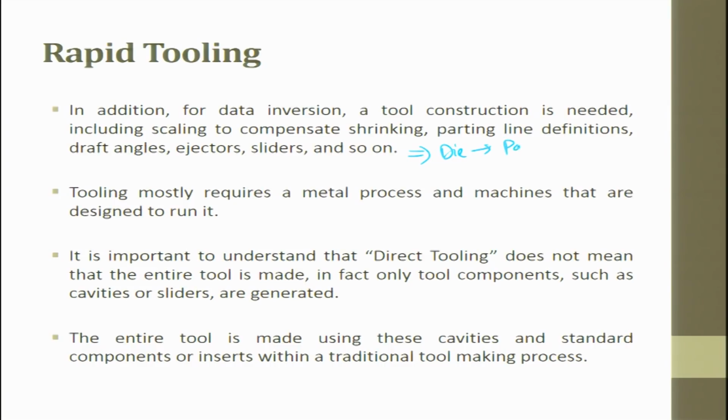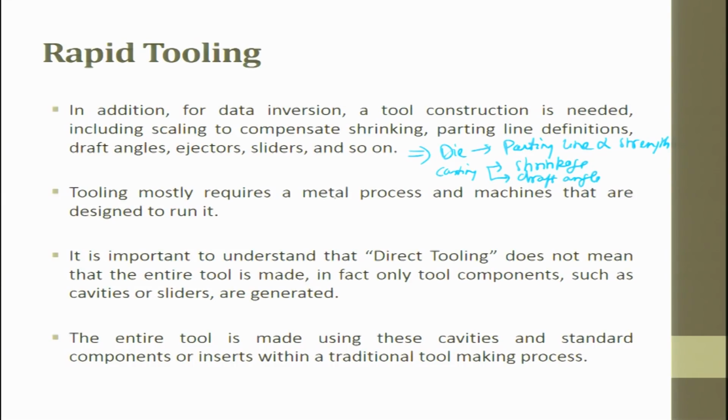The parting line is important, because the parting line is directly proportional to the strength of the part. So, that is very important. Next, when you talk about casting, the important things which come up are shrinkage and draft angle, so that the part can be removed very easily. And when we talk about ejecting pins and sliders in metal forming, these are very important.